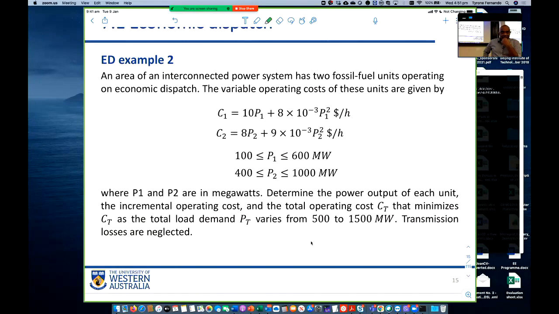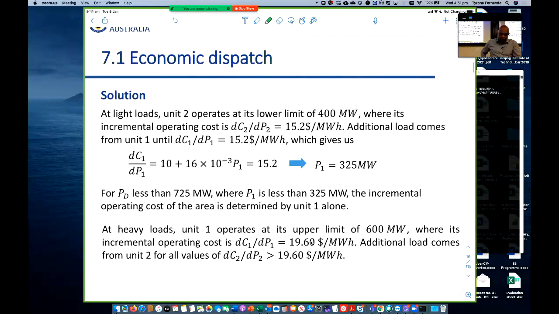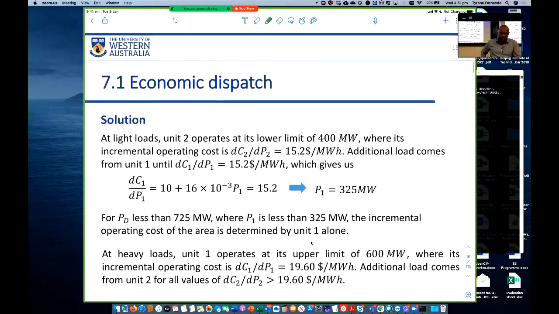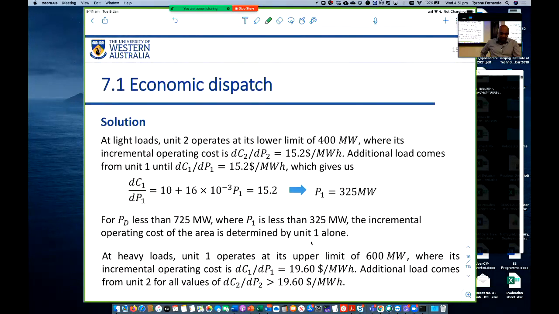So at light loads, unit 2 operates at its lower limit of 400, where its incremental operating cost is $15.2 per megawatt hour, 15.2, right?